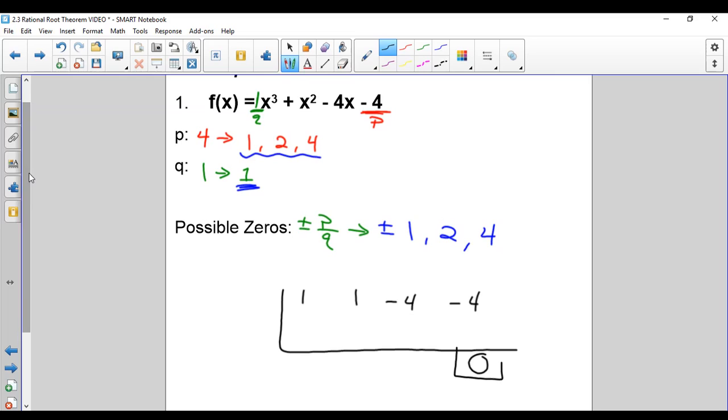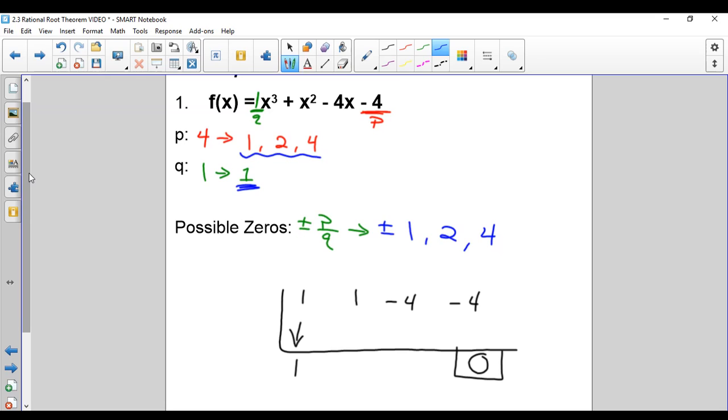We want 0 at the end, so I automatically put it. I drop down the 1 and go from there. Now I recommend using a pencil in these problems. The one time I recommend using a pencil is these ones right here. It's trial and error. There's no easy way to figure out which ones work and which ones don't. It's just guess and check.